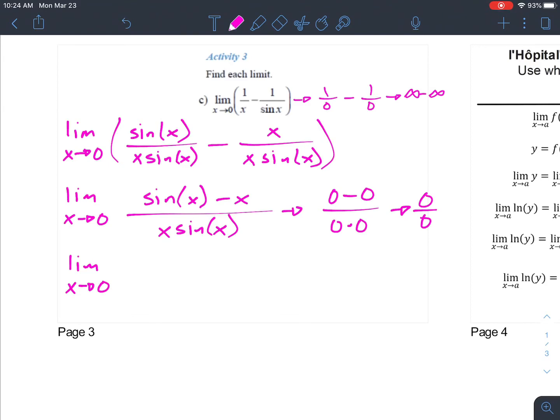So derivative of sine is cosine. Derivative of x is 1. Down in the denominator we have to do a product rule again, just like in the last slide. So it's going to be 1 times sine of x plus negative cosine times x.